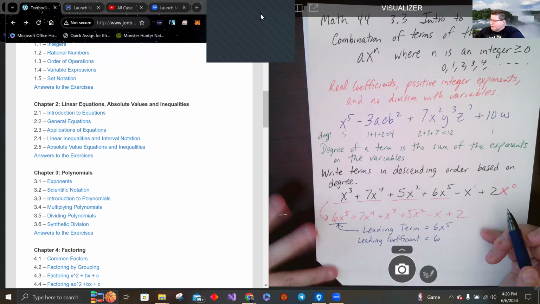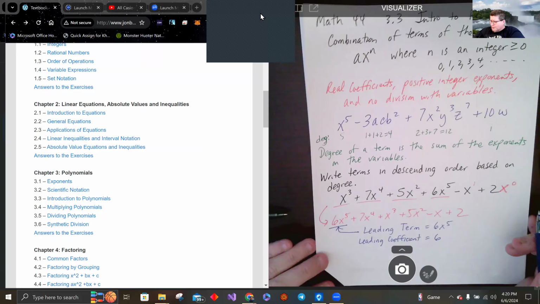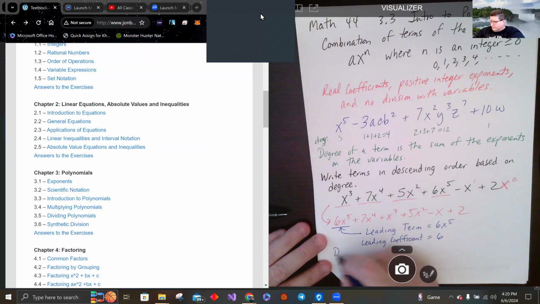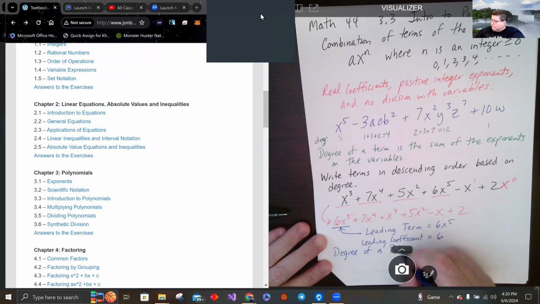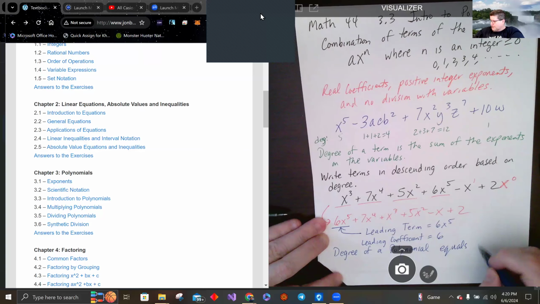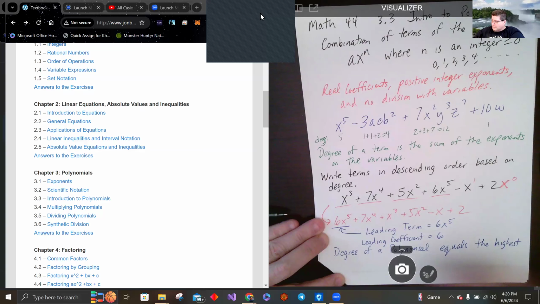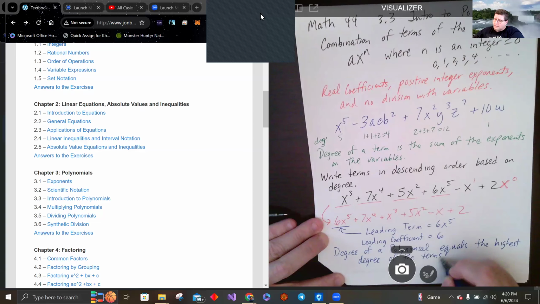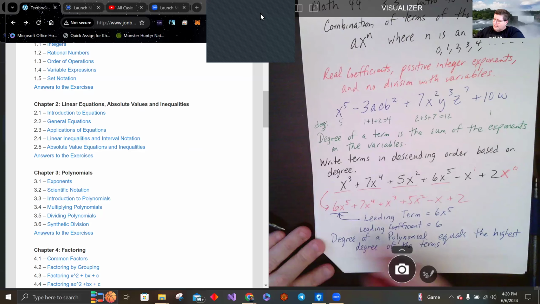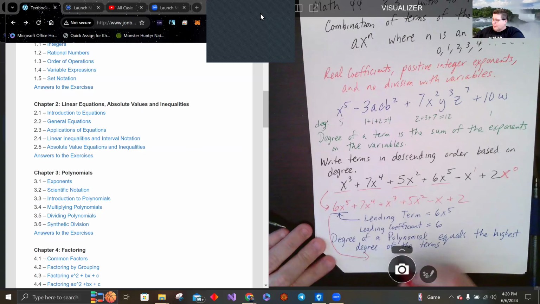They describe polynomials by the degree of a polynomial equals the highest degree of the terms. So this right here is called a 5th degree polynomial.